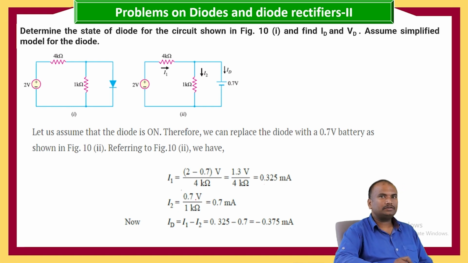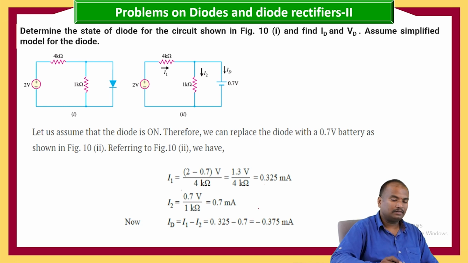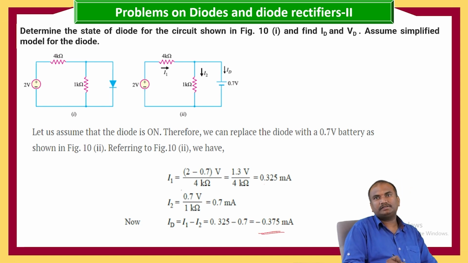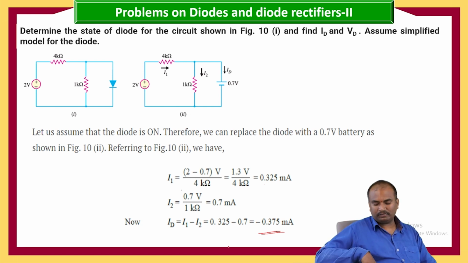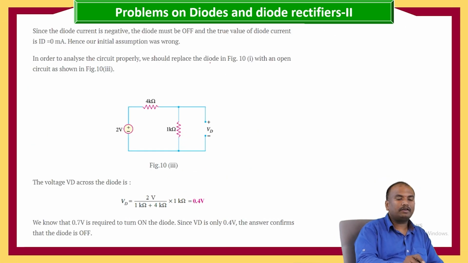Now I2 is equal to 0.7 by 1 kilo ohm, which is equal to 0.7 milliamperes. Now ID is equal to I1 minus I2, that is 0.325 minus 0.7, which is equal to minus 0.375.